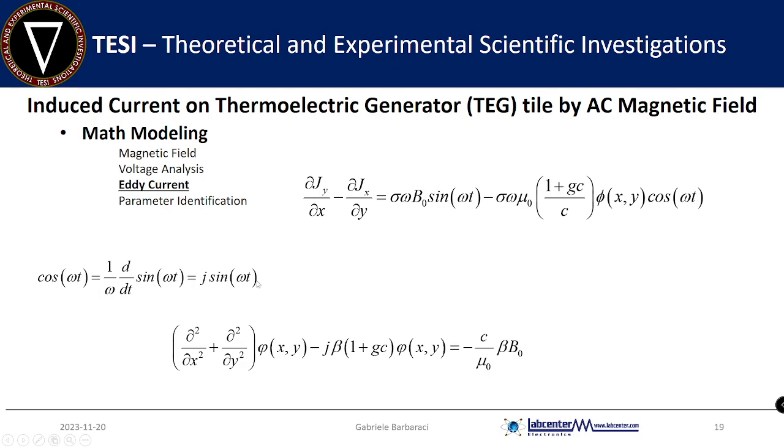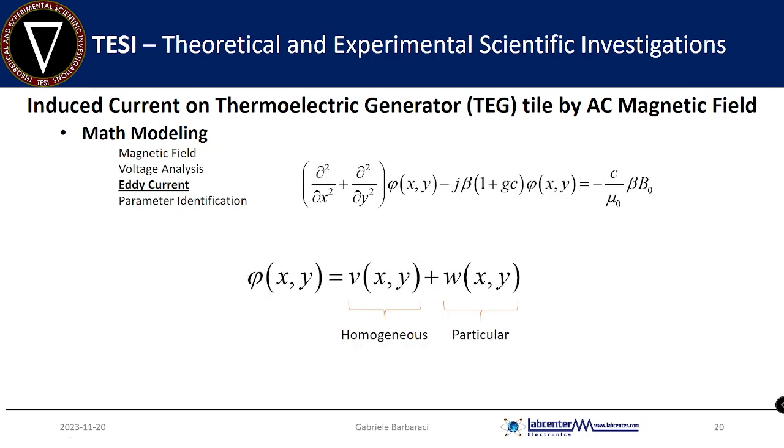So after this substitution, we obtain a second order non-homogeneous differential equation in the variable phi(x,y). This is called the inhomogeneous Helmholtz differential equation. This is characterized by a homogeneous solution and a particular solution, which will be described in the second part of this video.